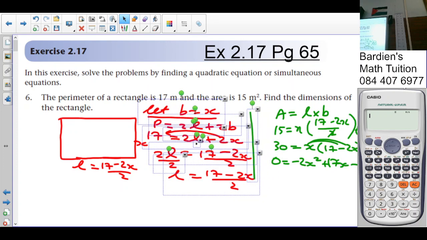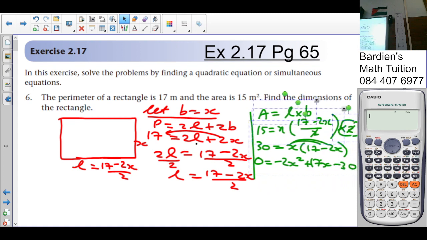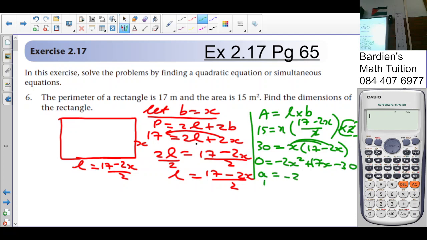So it's a quadratic equation with your a value being negative 2, your b value being 17, and your c value being negative 30. Can you see that? So x is equal to one of two values.